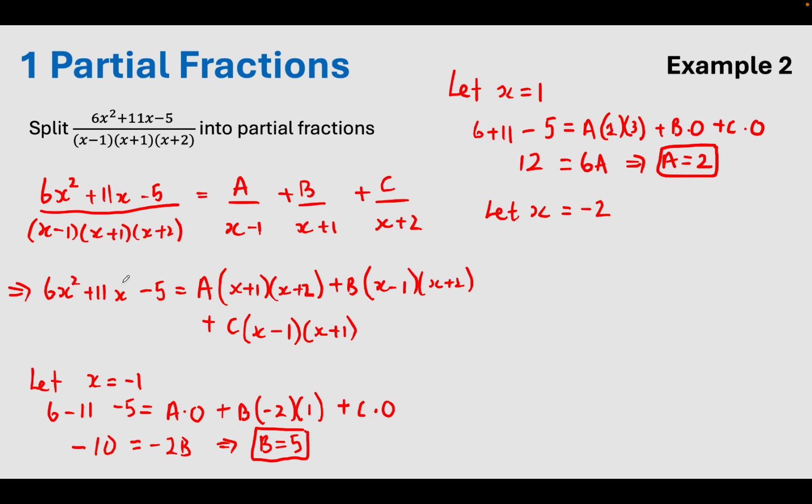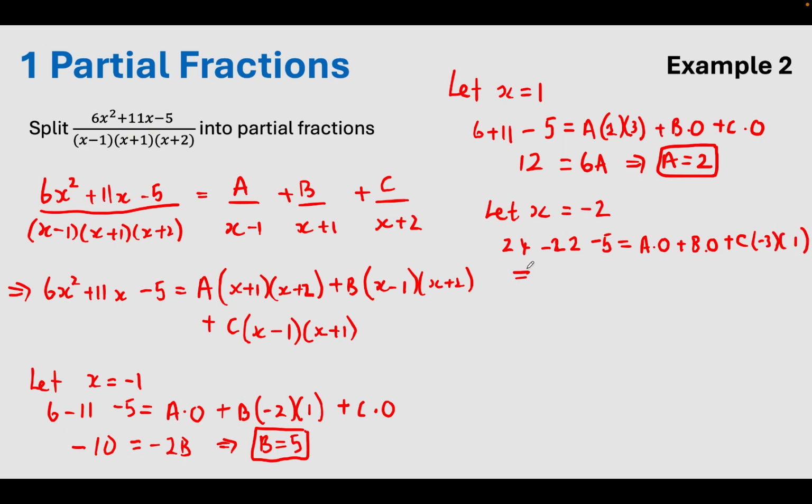So 6x squared becomes 6 times 4, so I get 24, minus 22, minus 5 equals, now a will be multiplied by 0 and effectively cancel, b will be multiplied by 0 and also cancel, and then c, I'll get c times negative 3, and minus 2 add 1 is just 1.